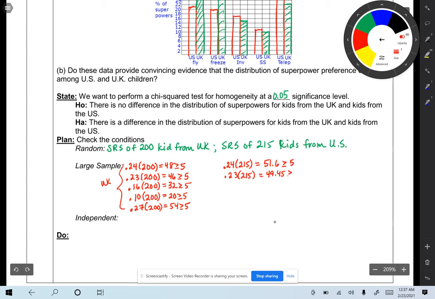We need to write down what it is. So 0.16 times 215 equals 34.4, which is greater than or equal to 5. 0.10 times 215 equals 21.5, which is greater than or equal to 5.